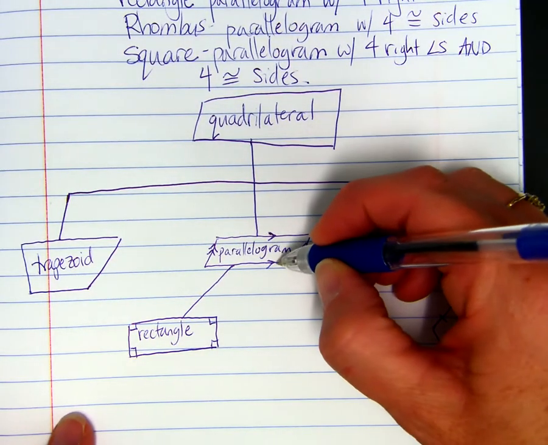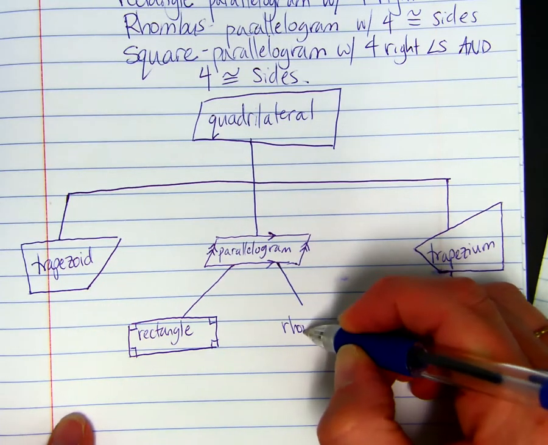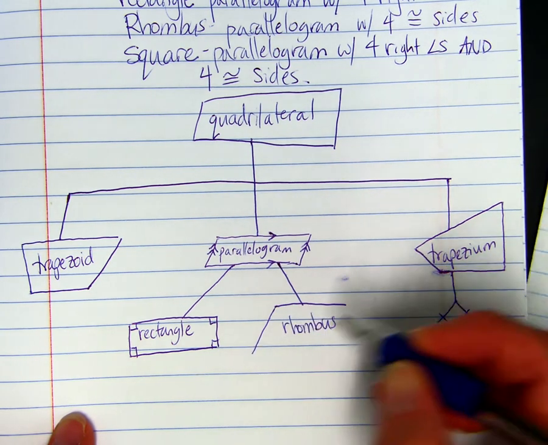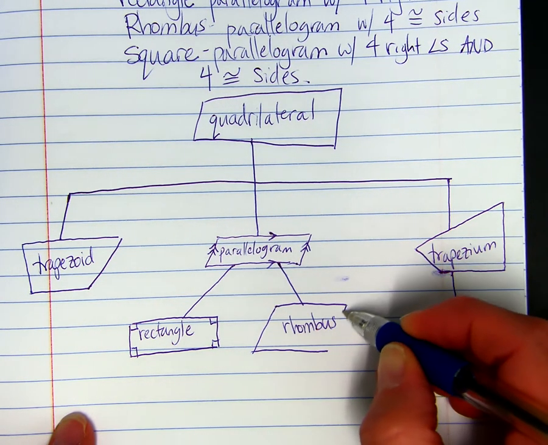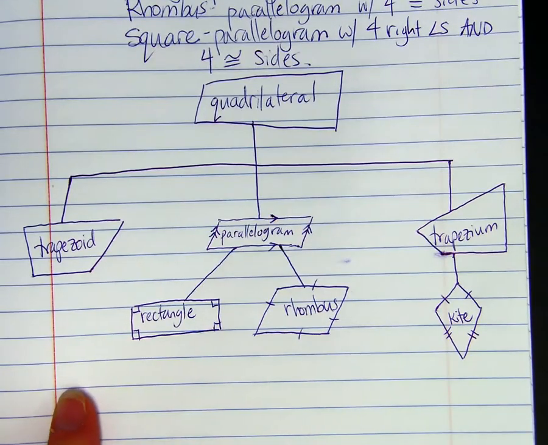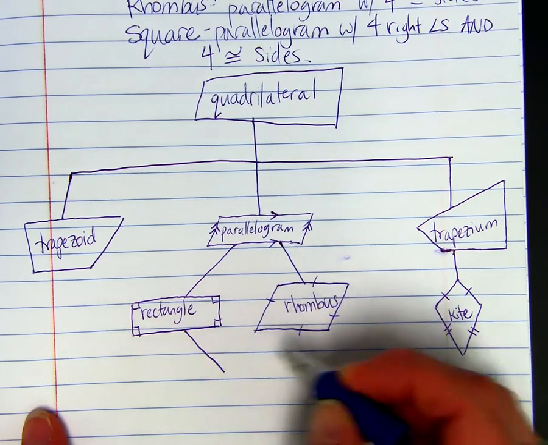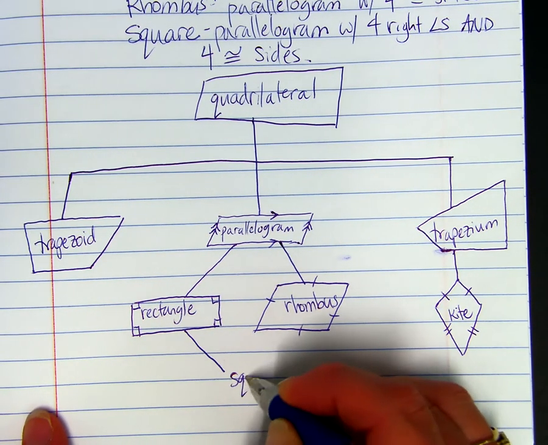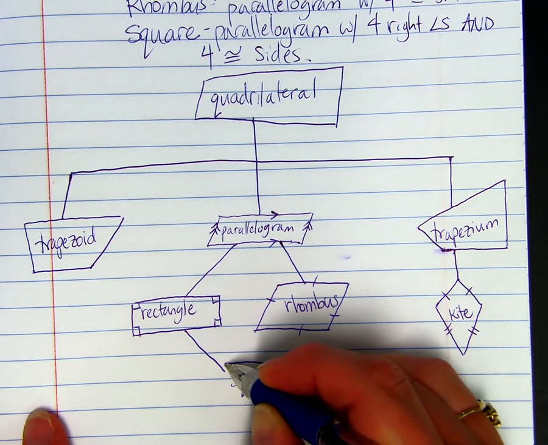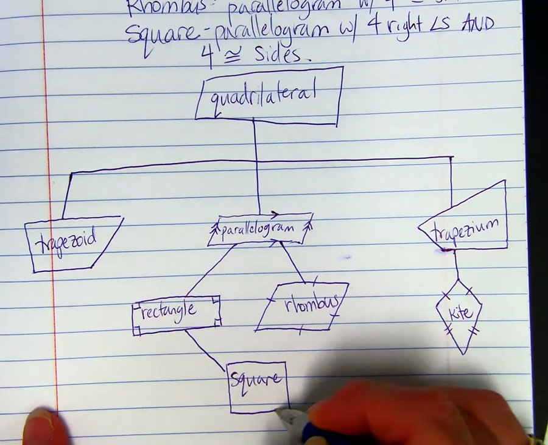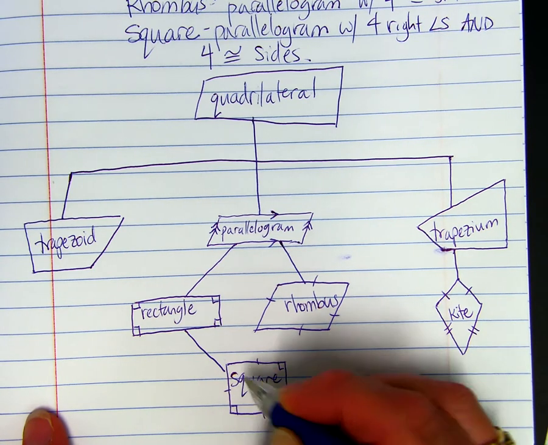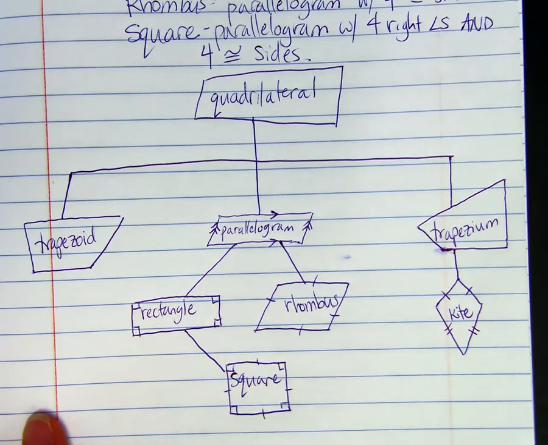And then a rhombus, the 4 sides. And then both of those have a subgroup, which is a square. There we go.